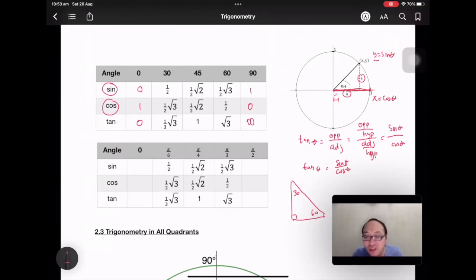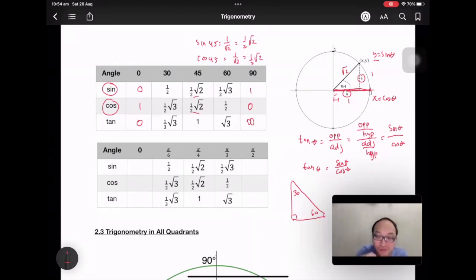Sine 45 is opposite over hypotenuse. Because the ratio is 1 to 1, the Pythagoras gives square root of 2. So sine 45 is 1 over square root of 2. That's the same as cos 45, also 1 over square root of 2.